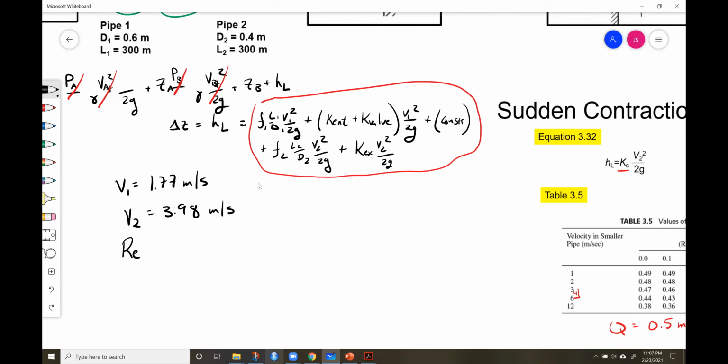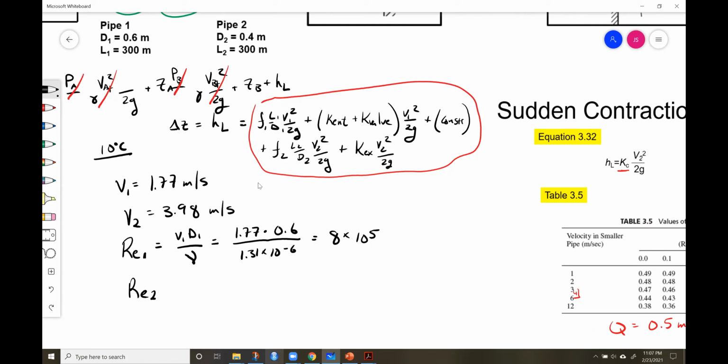We can do our Reynolds number 1, and we'll do V1 D1 over nu. Nu is going to stay the same. And they gave us the water is 10 degrees Celsius. So that means our nu is 1.31 times 10 to the negative 6. So we get about 8 times 10 to the 5th.